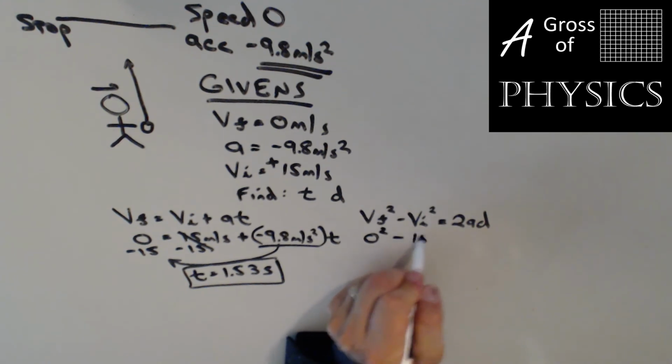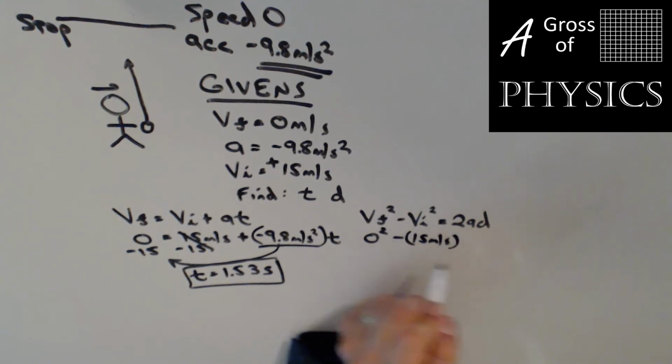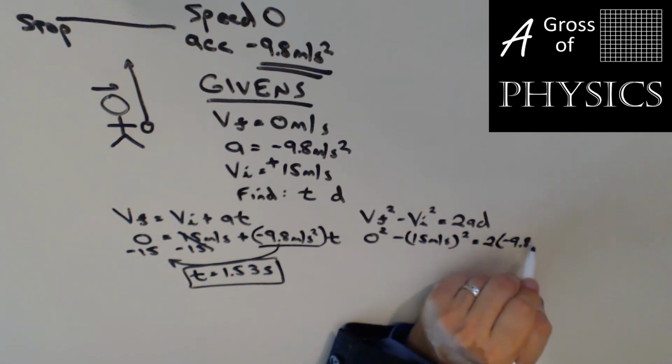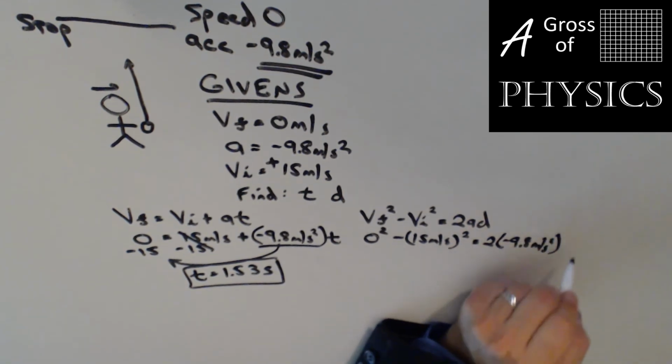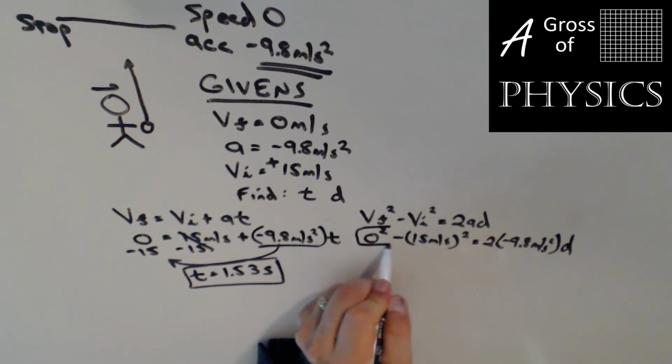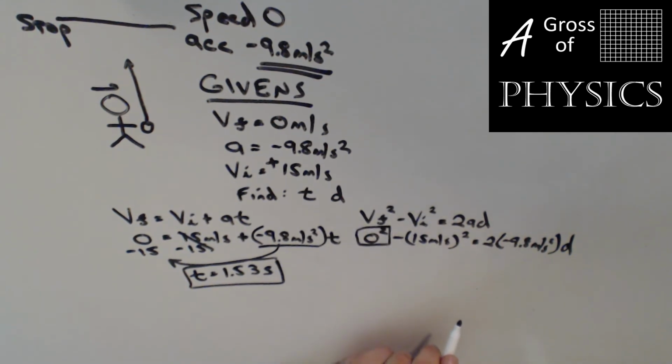VI, 15 meters per second, squared, equals 2 times negative 9.8 meters per second squared times d. Now, this 0 here, I didn't put a unit. And many times that's a judgment call, whether or not the units should be in for the 0. If there's a term that cancels out, we typically allow a little bit of leeway with those units.